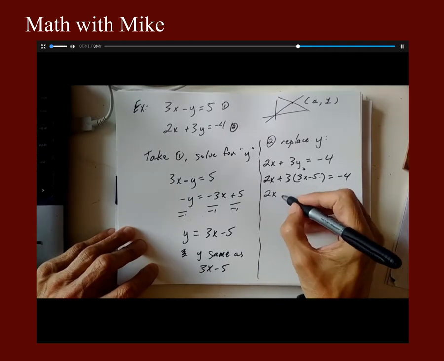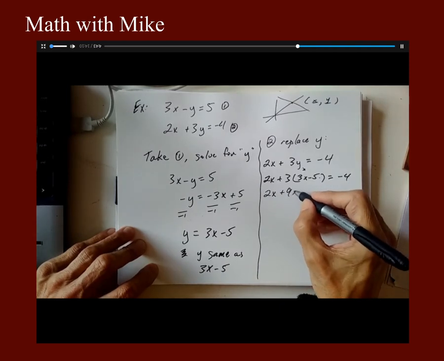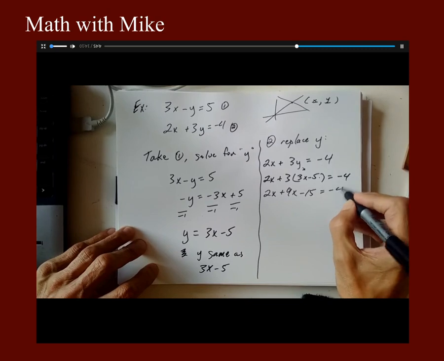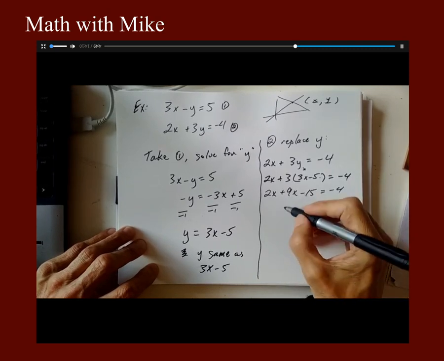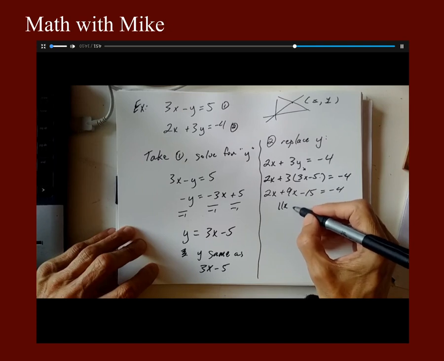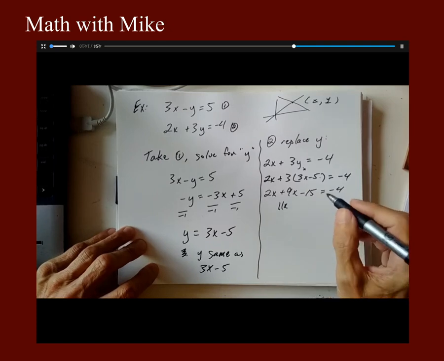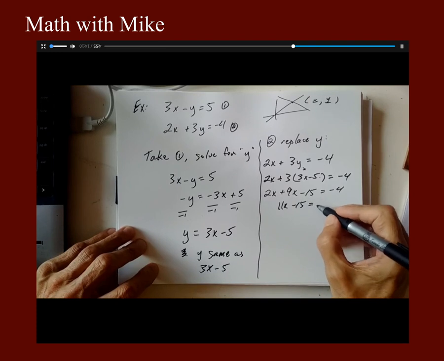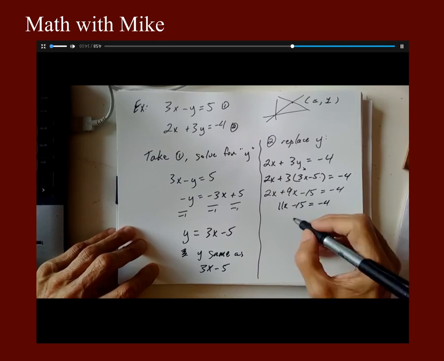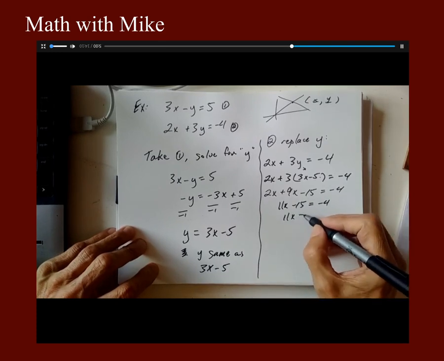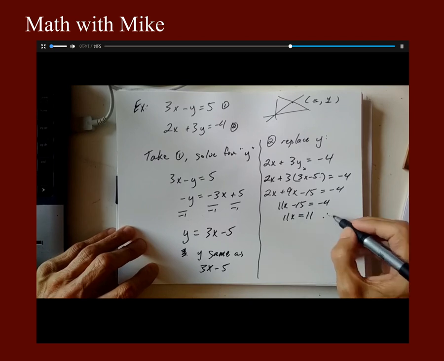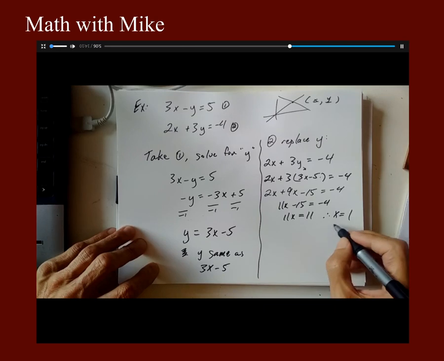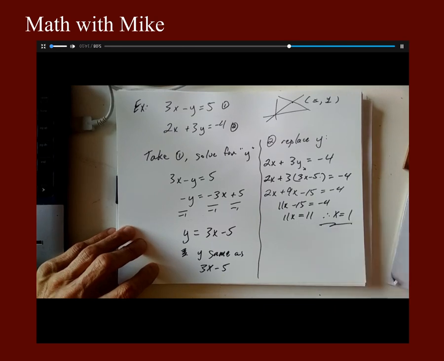So we will get 2x plus 9x minus 15 is equal to minus 4. Combining these together, we get 11x minus 15 equals minus 4. So 11x is equal to, when the 15 goes over, 11. Running out of real estate, as you can see. So x is equal to 1.